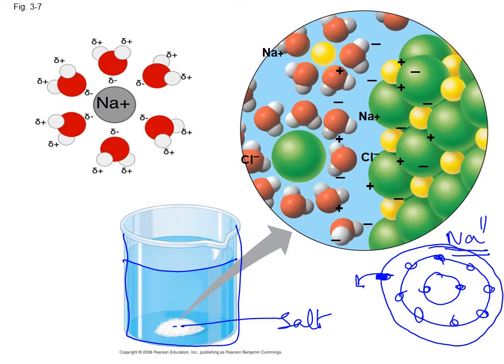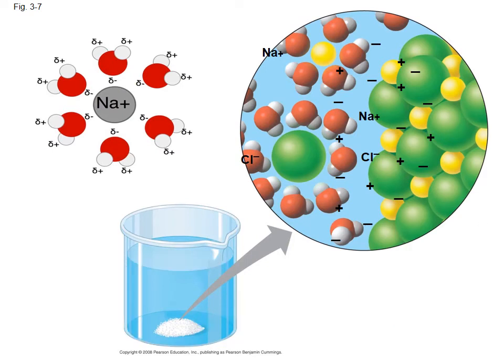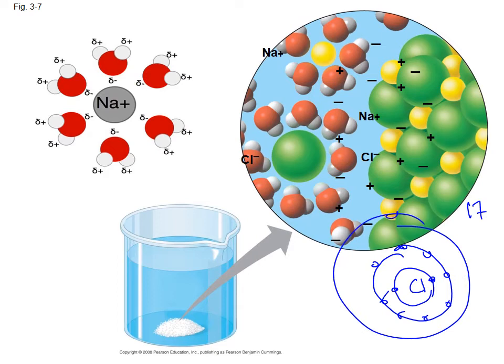Chlorine, on the other hand, has atomic number 17. So that is 2, 8, and 7, which leaves it only one spot. It is easier for it to just find one electron from someone.